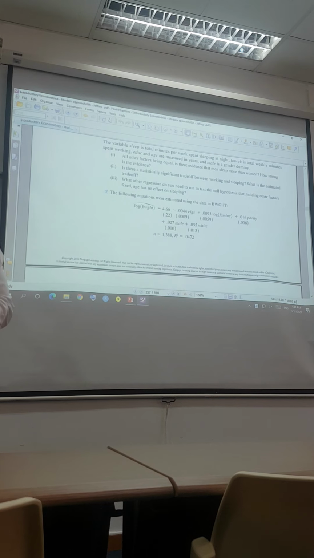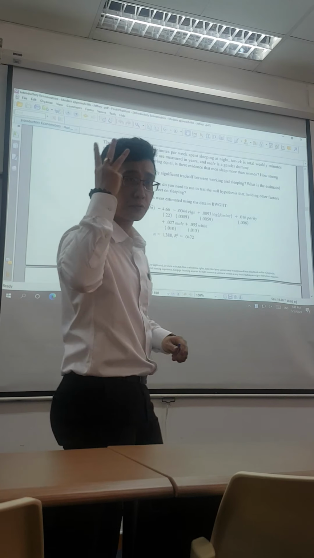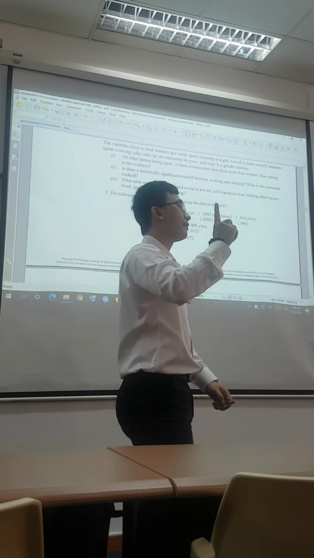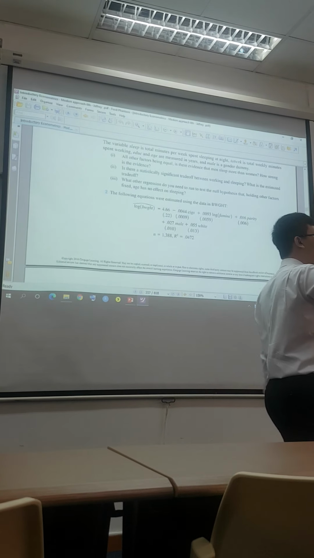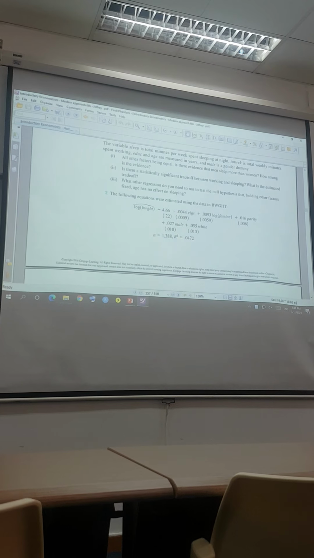Last thing, you need to interpret the magnitude, how it's gonna affect your dependent variable. So I repeat again: first thing is the sign, second thing is the significance, and last one is the magnitude, how strongly it affects the dependent variable. Okay, first thing, the sign. Is that a positive or negative sign?